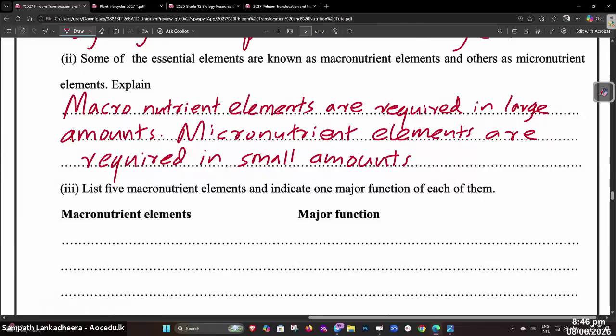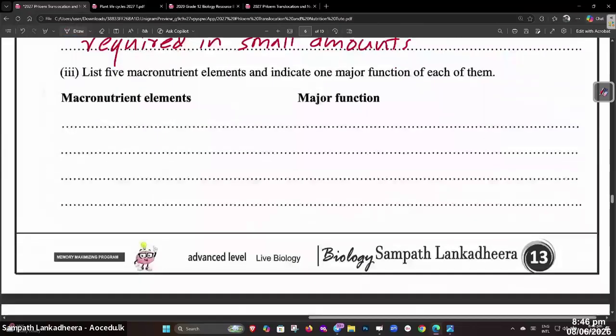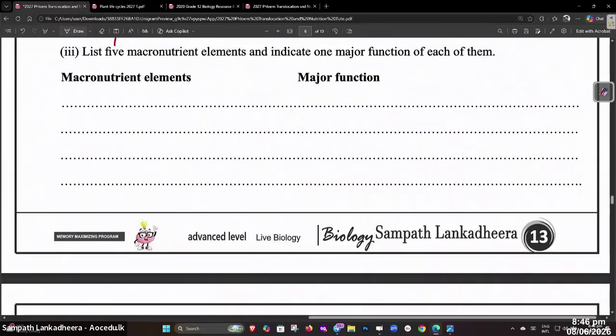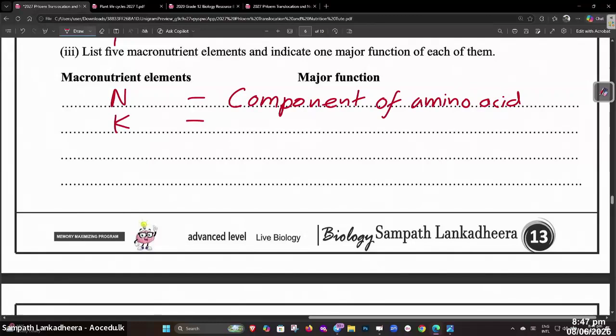Then we'll move to the next question. List 5 macronutrient elements and indicate one major function of each of them. We'll take nitrogen, component of amino acid. Potassium, operation of stomata.